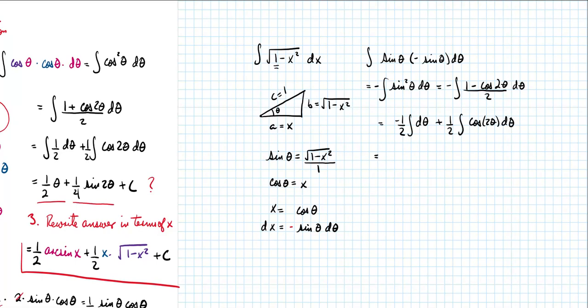Performing the integral then, we're now going to have here 1/2 theta plus 1/4 times the sine of 2 theta plus c.